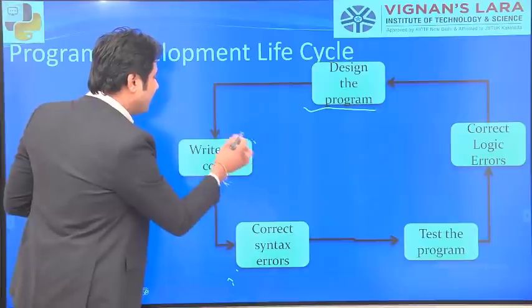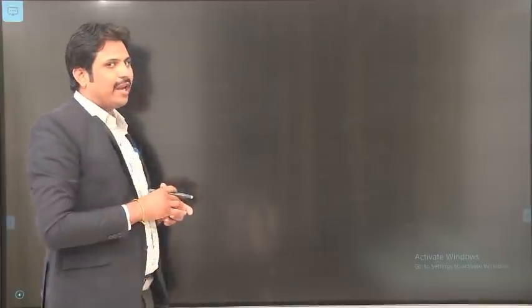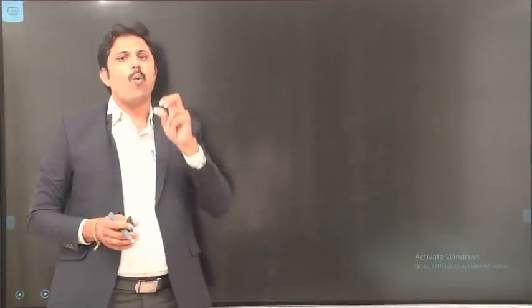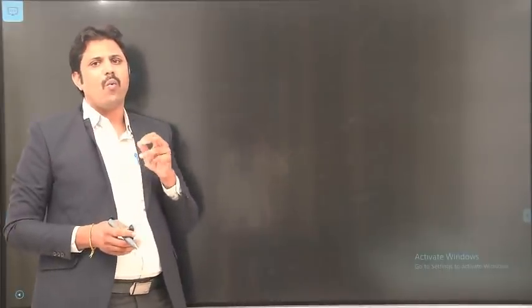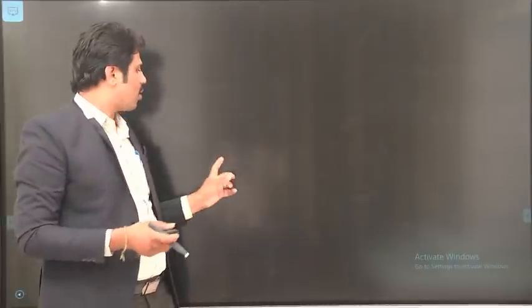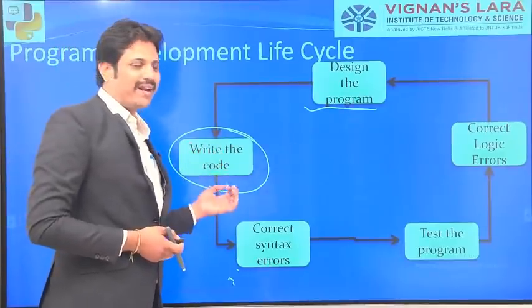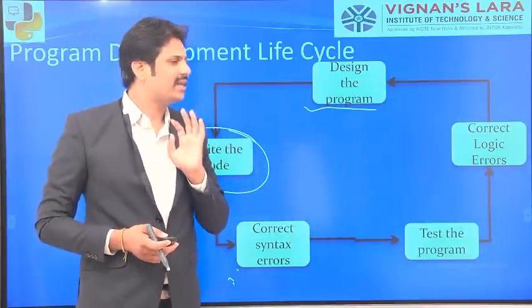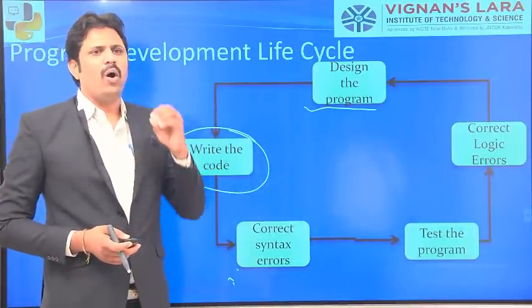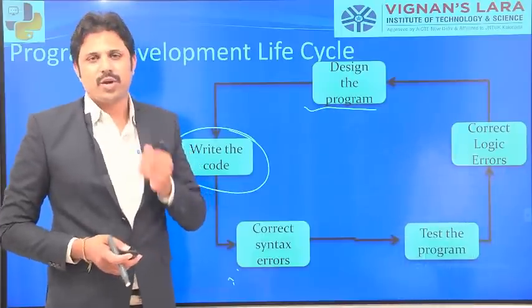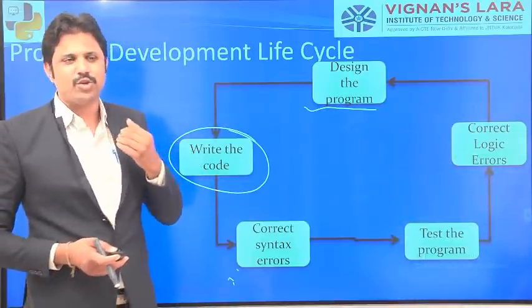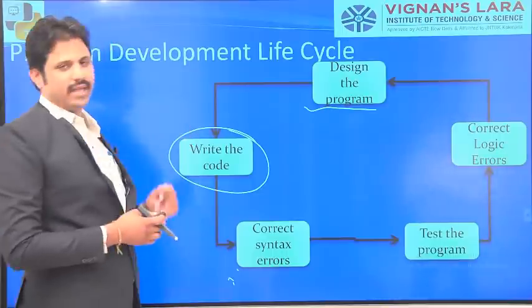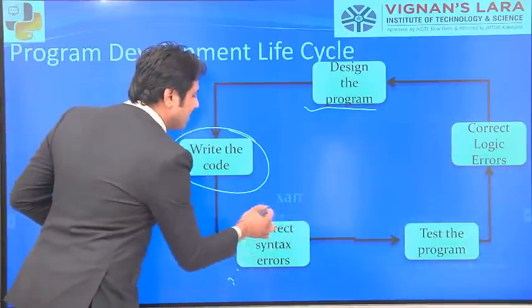Here, in writing the code, you choose what database you want, what platform you want, what connectivities you are going to write. You have to write the code. Here it is very clear what language you are going to choose, what database you are going to represent, everything you are going to handle, and correct the syntax errors.